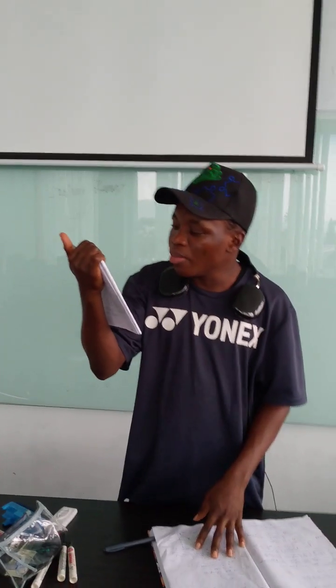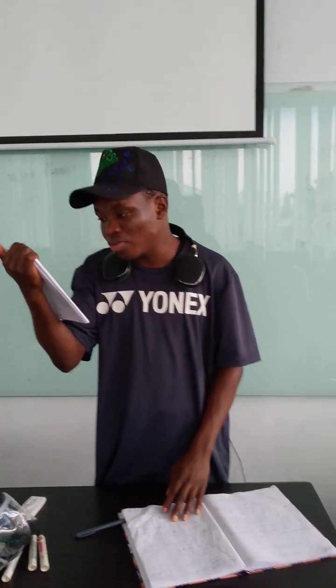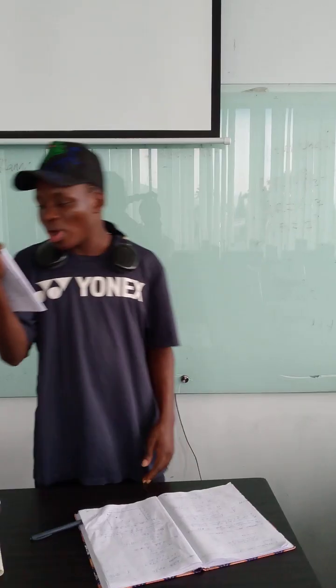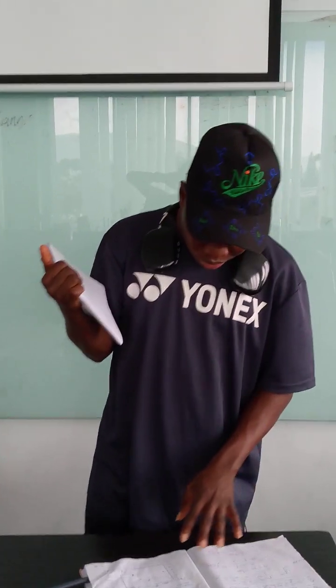Then the value for a is y bar minus b times x bar. The value for y bar is 7.14 as we got before, minus minus 1.03 times 5.71.